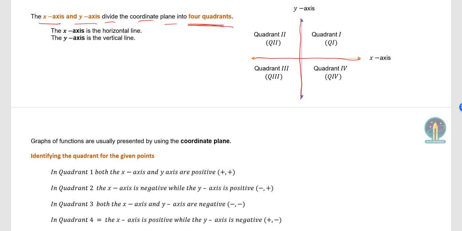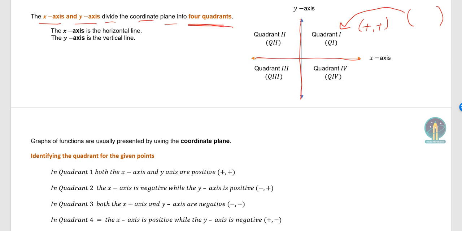So in quadrant 1, both the x and y values are positive. Said another way, if I gave you an ordered pair with 2 positive numbers, you know that it is going to be referring to a point that's in quadrant 1.